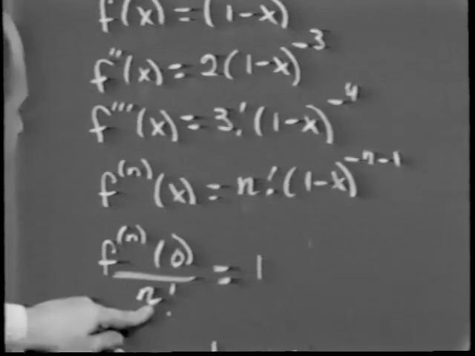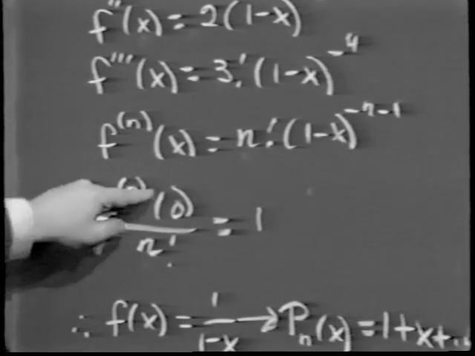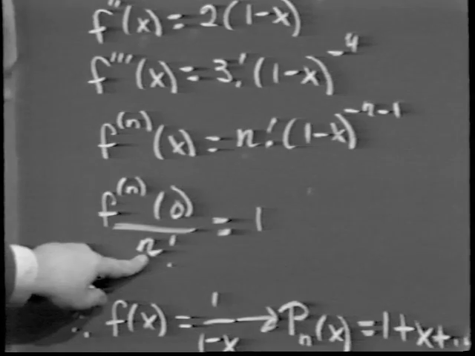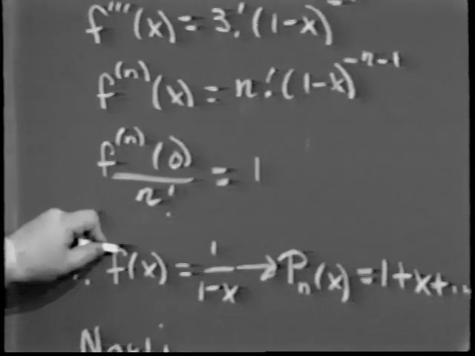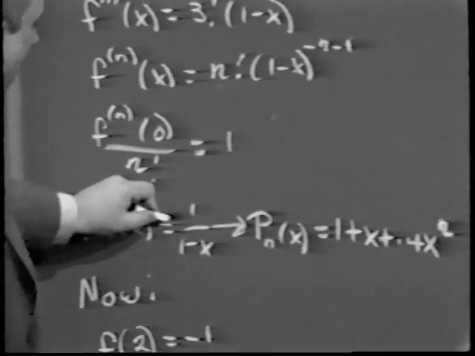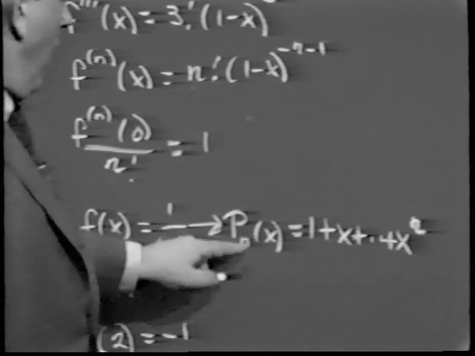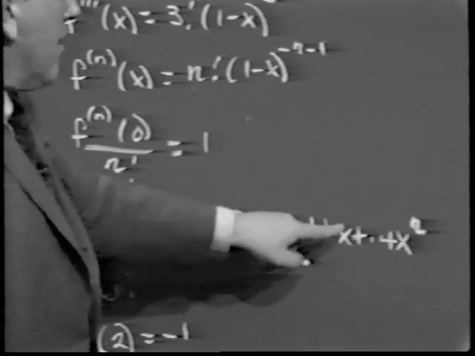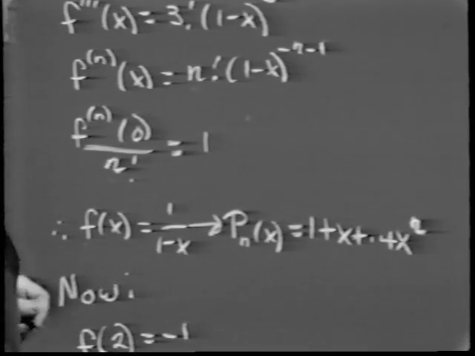And if I divide n factorial by n factorial, I get 1. In other words, every one of my coefficients of the approximating sequence of polynomials is going to be 1. In other words, the approximation for f of x, where f of x is 1 over 1 minus x, is simply what? Pn of x is 1 plus x plus x squared, etc., plus x to the nth power.